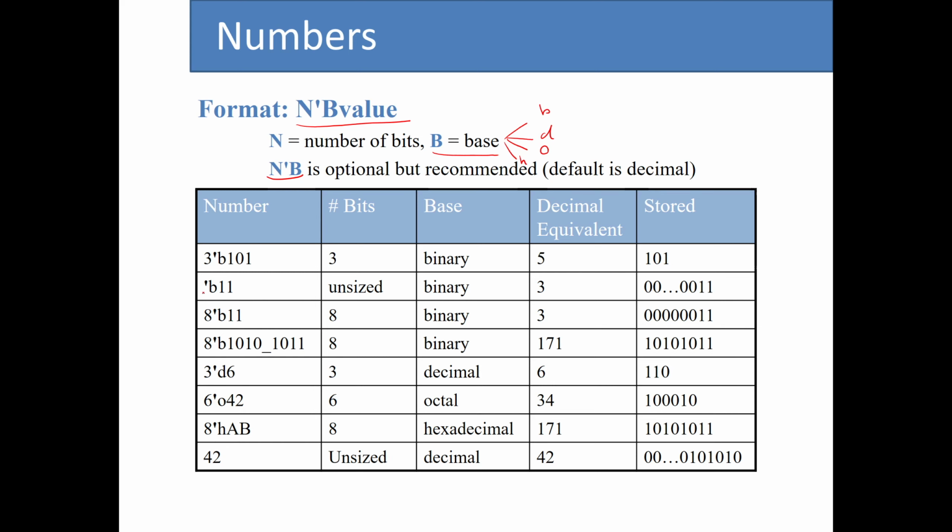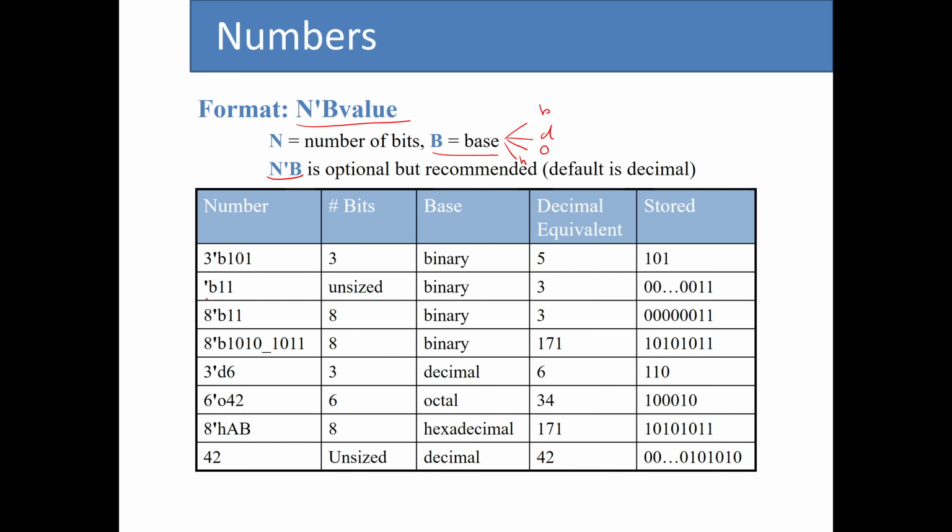But what if we have no number specifying the number of bits, but single quote B11? In this case, the size is not specified, so SystemVerilog uses the default size. Let's say the default is 32 bits, it considers that as a 32-bit number.